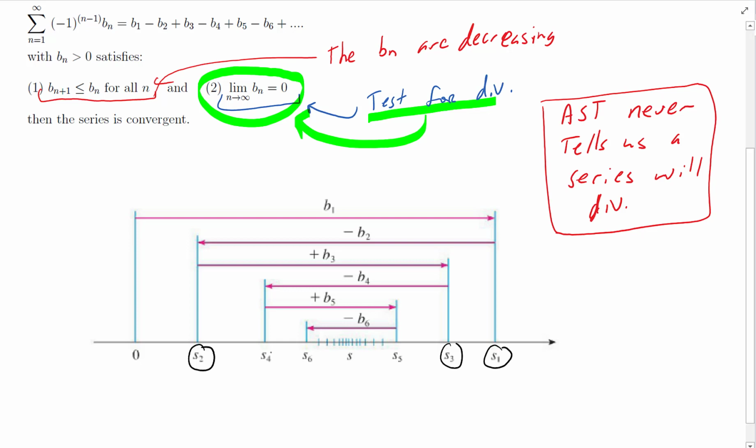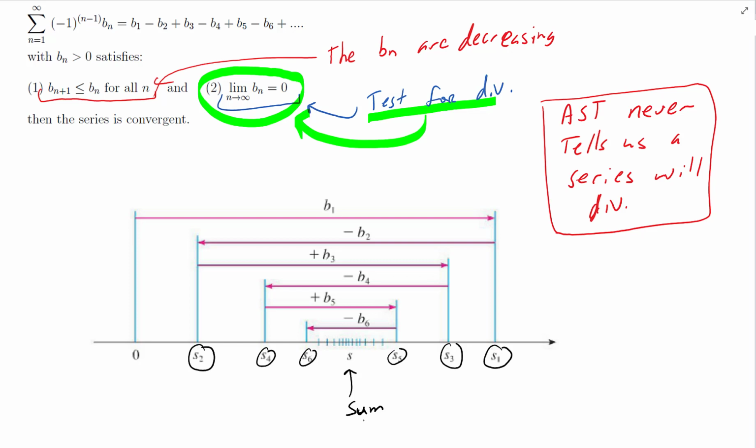And if you do this forever, your sum is in the middle. So pretty much you can say I can go as far as I want, flip-flopping from one side of the sum to the other side, always getting closer until I get so close I pretty much have the sum.